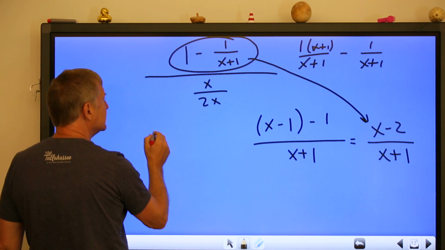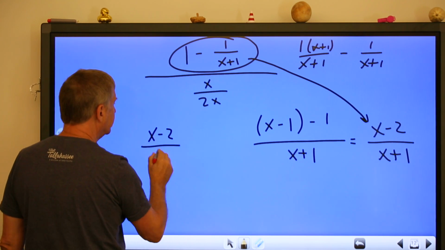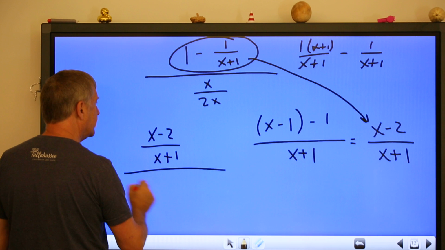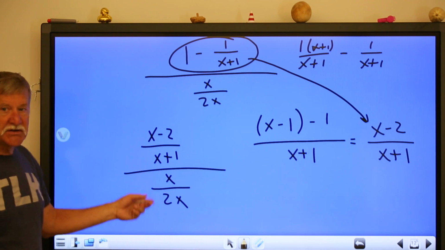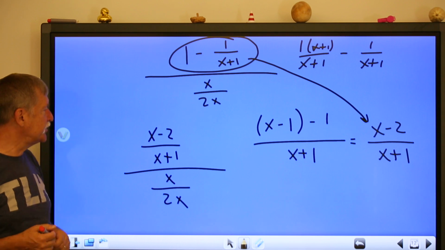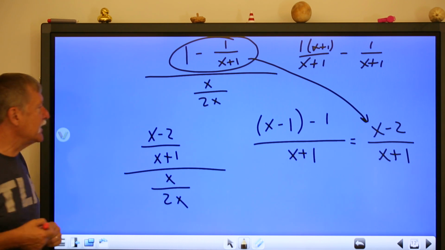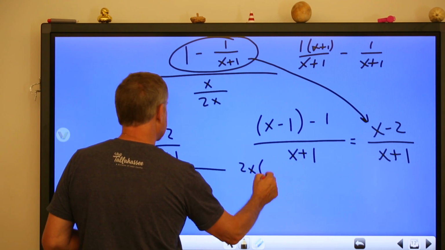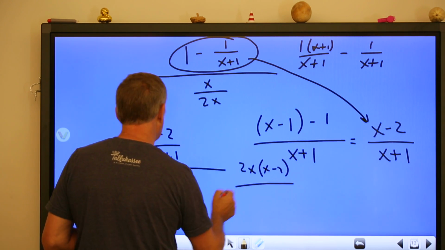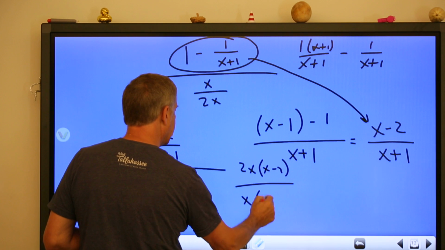So now this is x minus 2 over x plus 1 over x over 2x. And yes, we could cancel that out and make that 1/2 if you wish. All right, 6 of one, half a dozen of the other, because now outer upper says I've got 2x, x minus 2 over x, x plus 1.